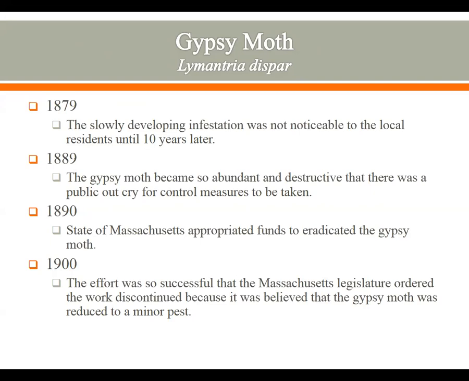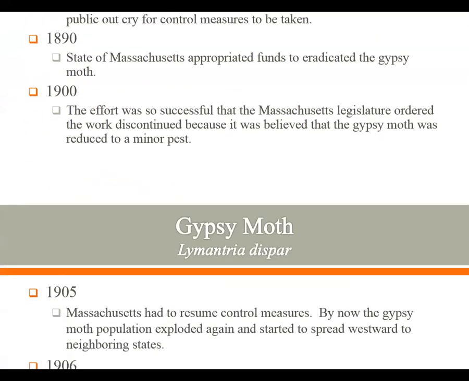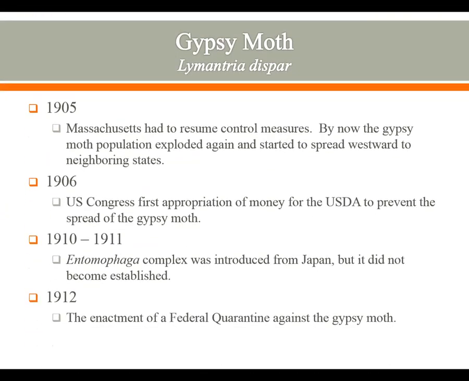Their efforts, they thought, were successful, so in 1900, they stopped funding the program. By 1905, measures had to be resumed because the populations developed up again to the point where they were causing widespread defoliation, and they were starting to move outside of the state of Massachusetts.